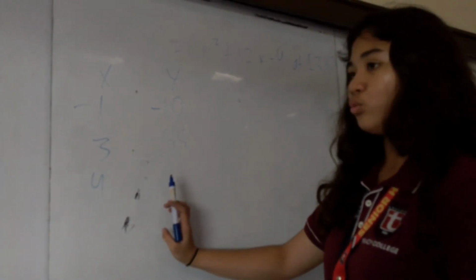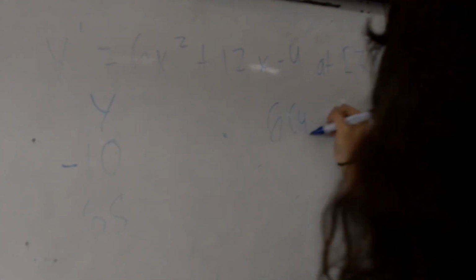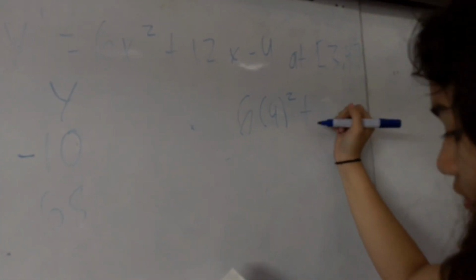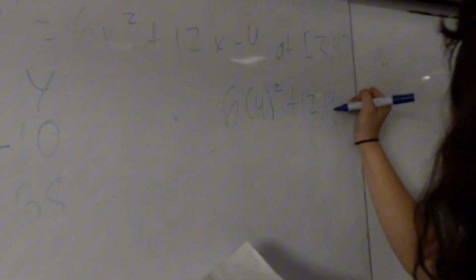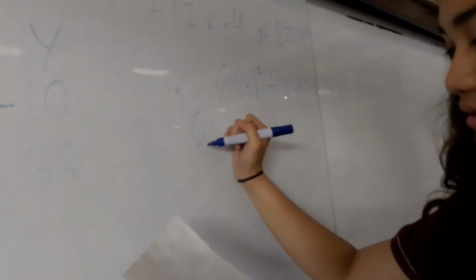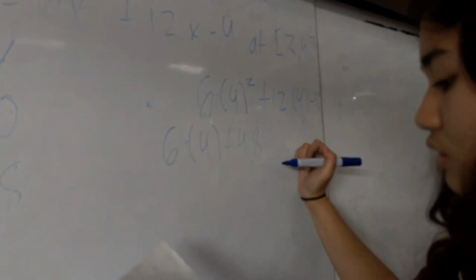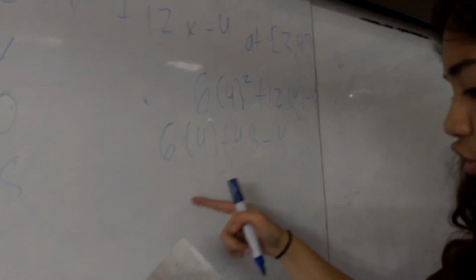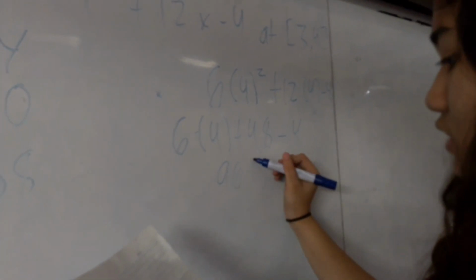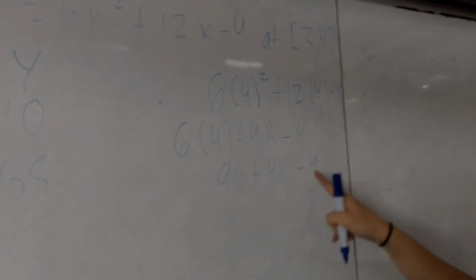For our last substitution, we have positive 4. 6 times 4 squared plus 12 times 4 minus 4. 6 times 16 is 96, plus 48, minus 4. 96 plus 48 minus 4 will give us positive 140.